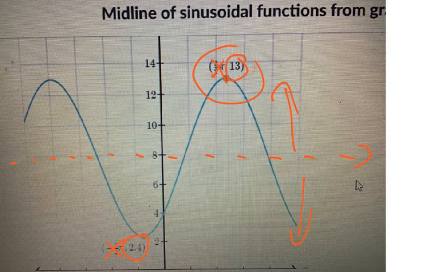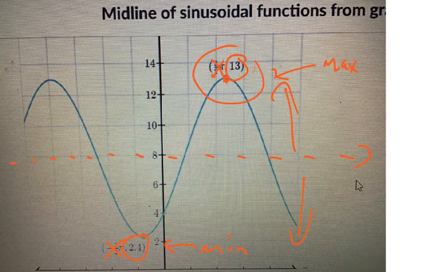And so how do I find the middle? Because this one, again, is up at 13. That's what we call the maximum value. And this one down here is a minimum value. And so, literally, what's the middle is going to be the average of those two.